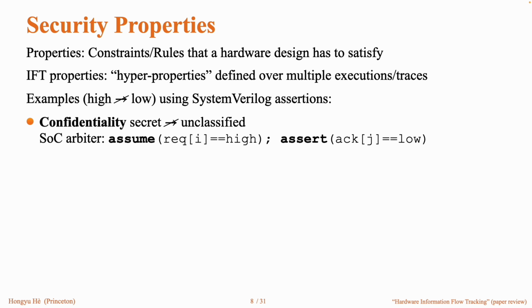So the secret information can't be propagated to the unclassified sources. For example, we have some hardware resource arbiter here, and some sensitive request. Sorry, I am using SystemVerilog assertions to demonstrate, where we assume, and assume basically labels that object, right?